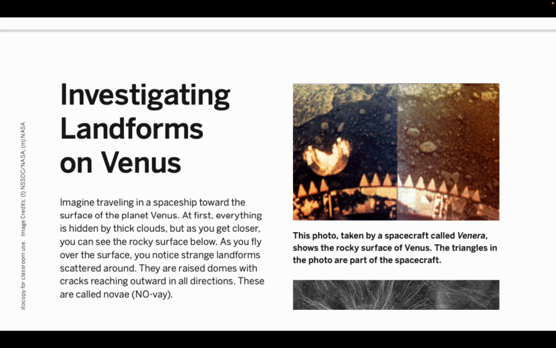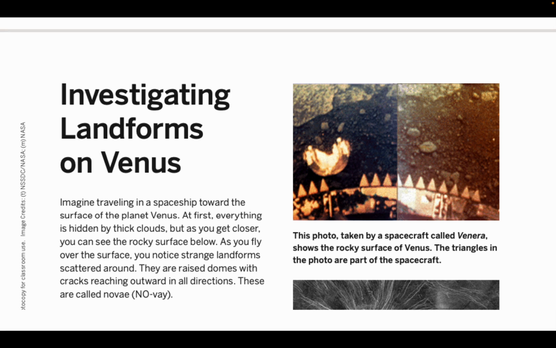Let's go ahead and look underneath the caption of the first picture. This photo, taken by a spacecraft called Venera, shows the rocky surface of Venus. The triangles in the photo are part of the spaceship. So if you look almost dead center, there are two bigger rocks. We circled those rocks.